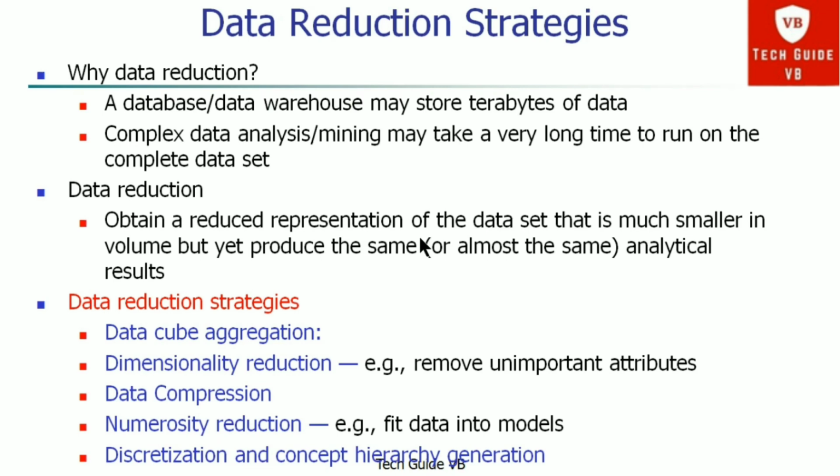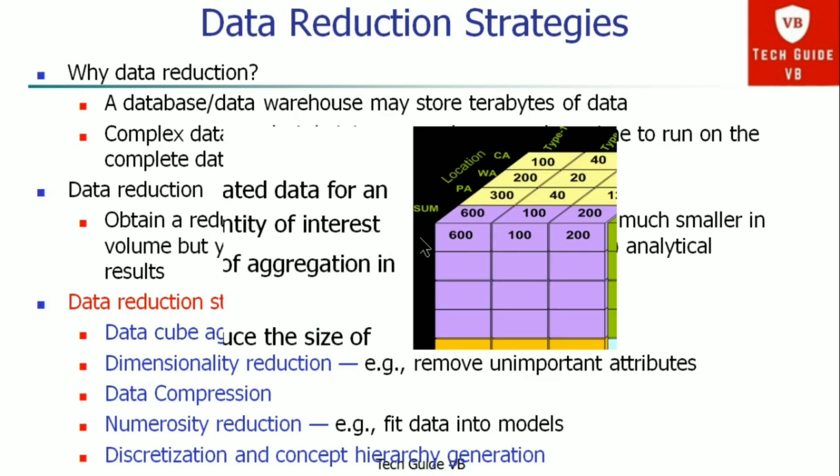And fifth is discretization and concept hierarchy generation. We will not cover all five, because it will take more time. So we will cover mostly the first three data reduction strategies here.